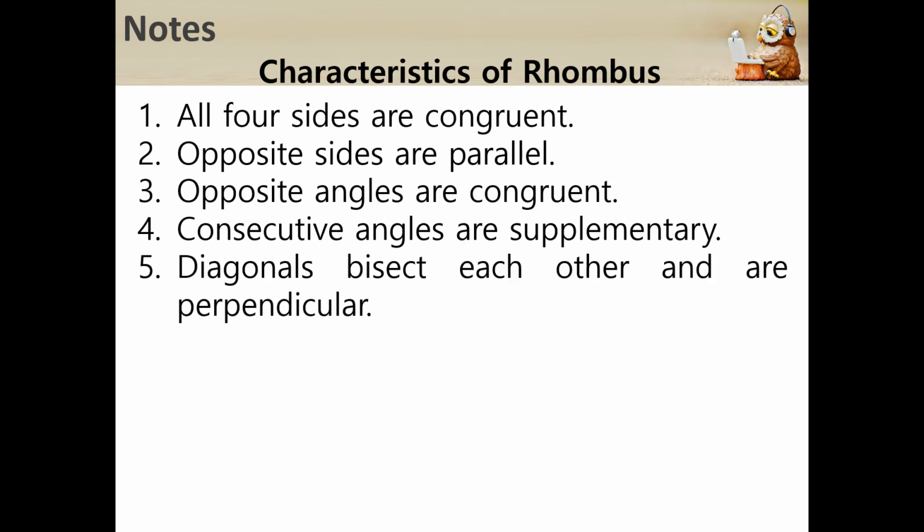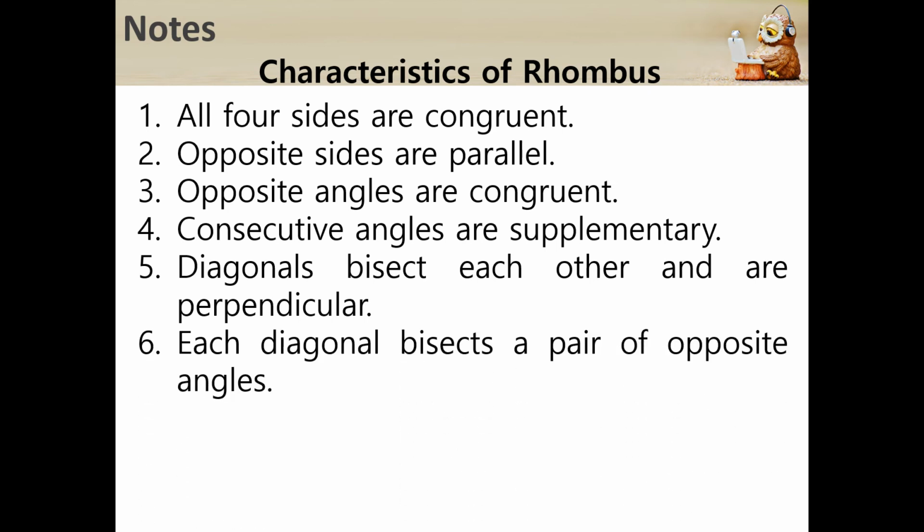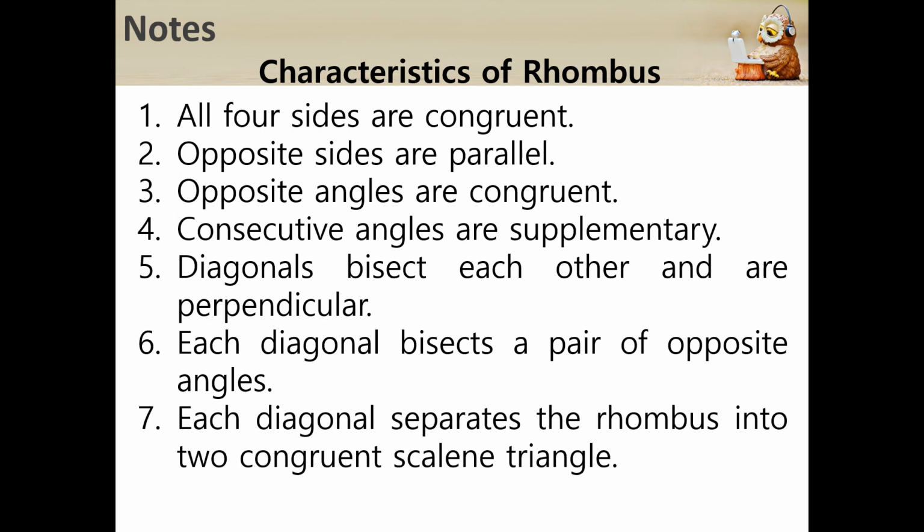Number 5, diagonals bisect each other and are perpendicular. Number 6, each diagonal bisects a pair of opposite angles. And number 7, each diagonal separates the rhombus into two congruent scalene triangles.